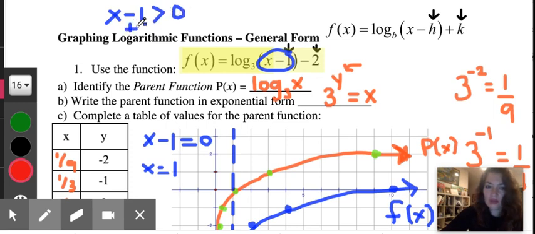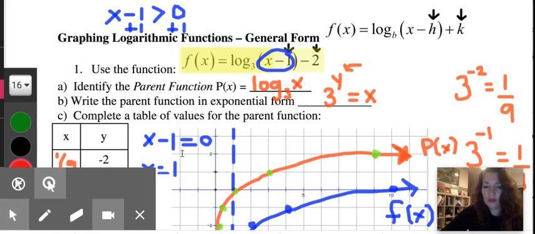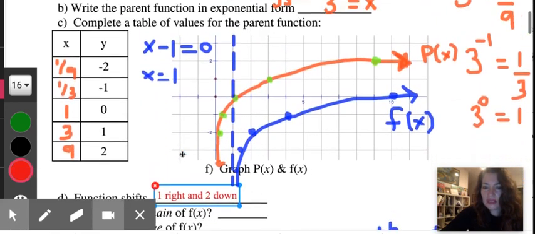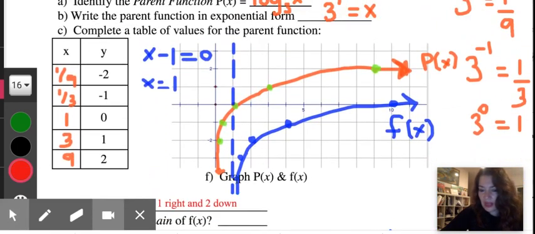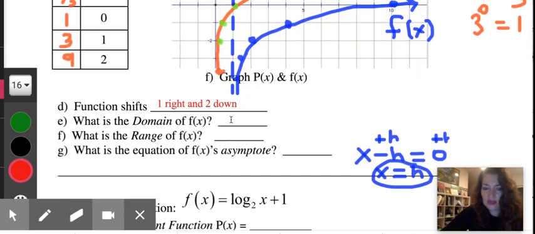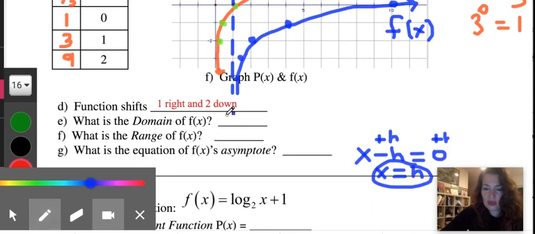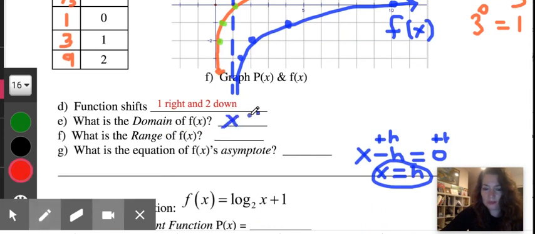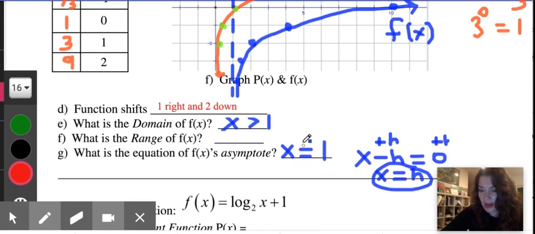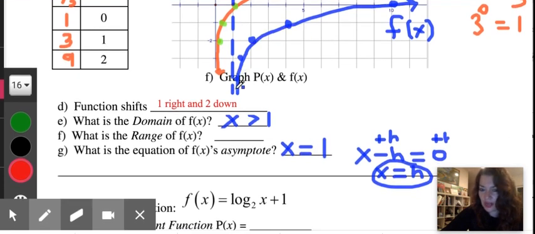So if we add 1 to both sides, our domain is just going to be x is greater than 1. And if you look at the graph, you can see that the blue graph is greater than 1 for x. So I'm going to go ahead and say that domain is x is greater than 1. And we already said that the asymptote is x is equal to 1. So the asymptote is where the graph approaches but will never touch.